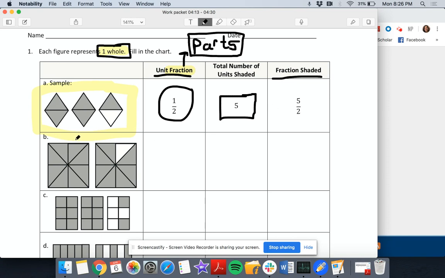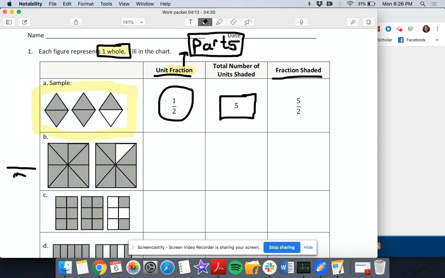So looking over here we have two figures that each represent a whole. So we have two wholes shown to us. And our unit fraction, well, we know that our first step in determining the unit fraction is counting how many triangles are in each whole. So let's count. 1, 2, 3, 4, 5, 6, 7, 8.